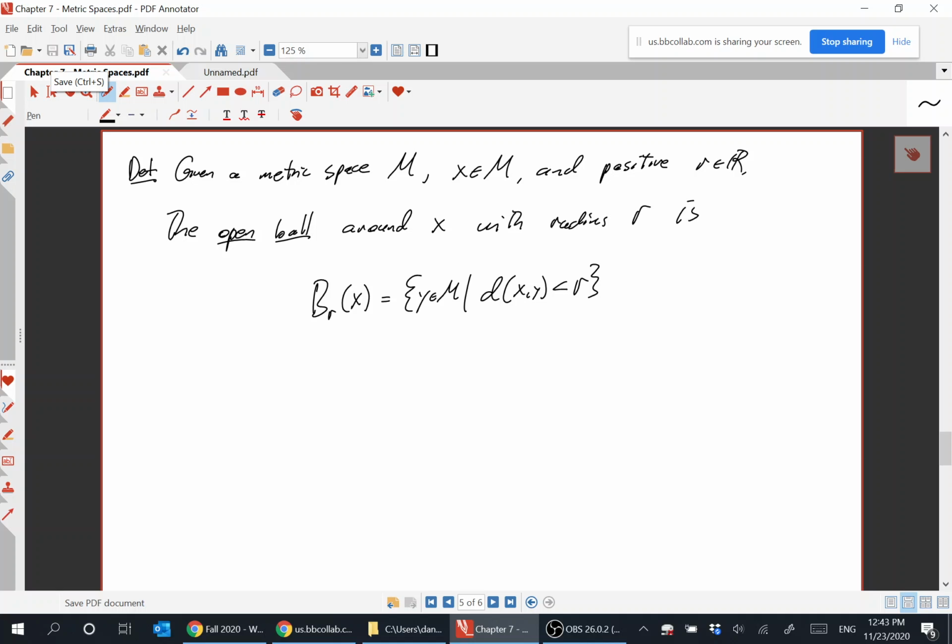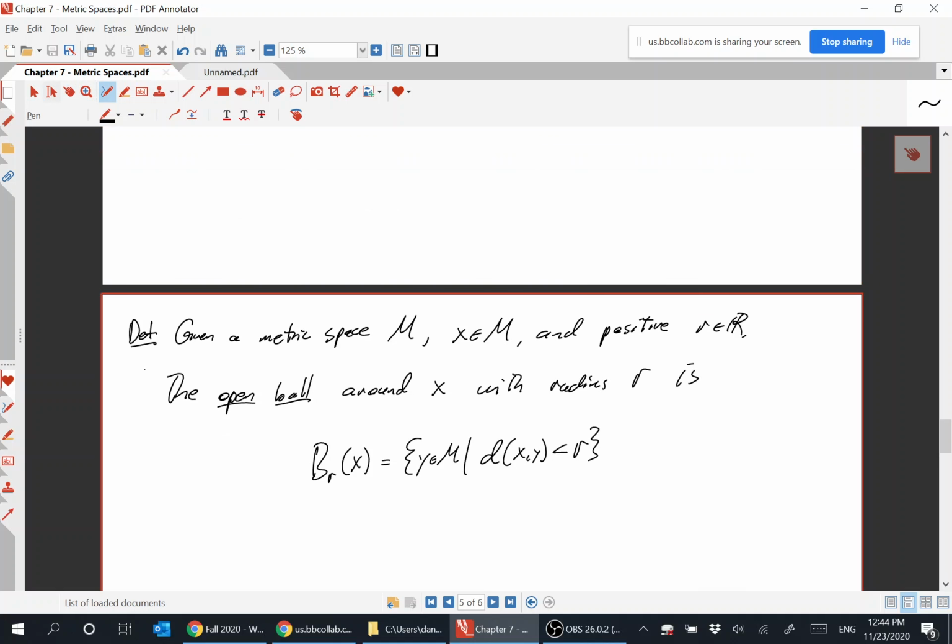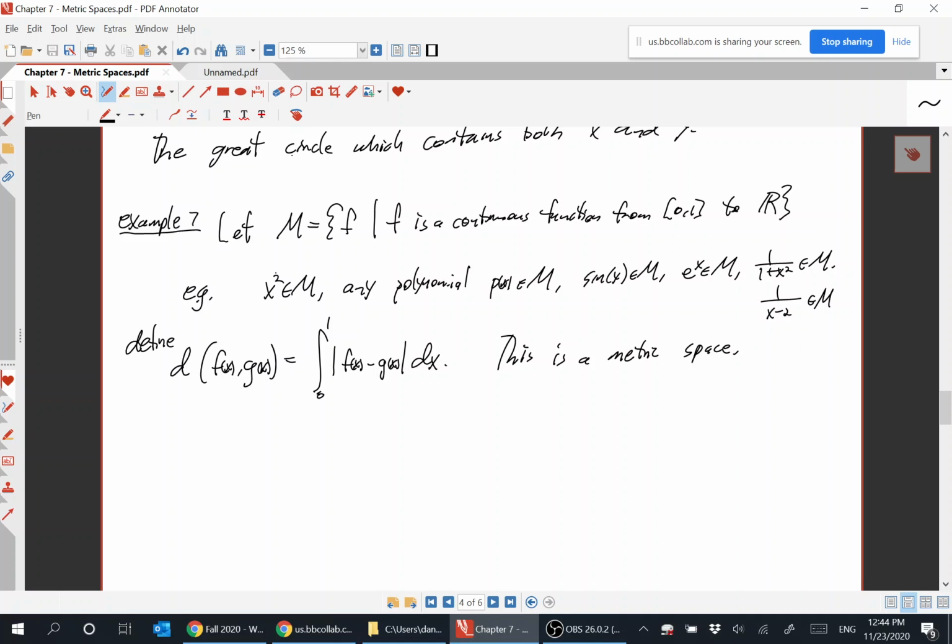Is this round? I know I'm calling it the open ball, and I know I'm giving it a radius. Is it round? Is it somehow circular? Is it somehow spherical? For example, in this metric space here, the set of all continuous functions on the interval from 0 to 1, and distance is the integral of the absolute value of the difference of the two functions.